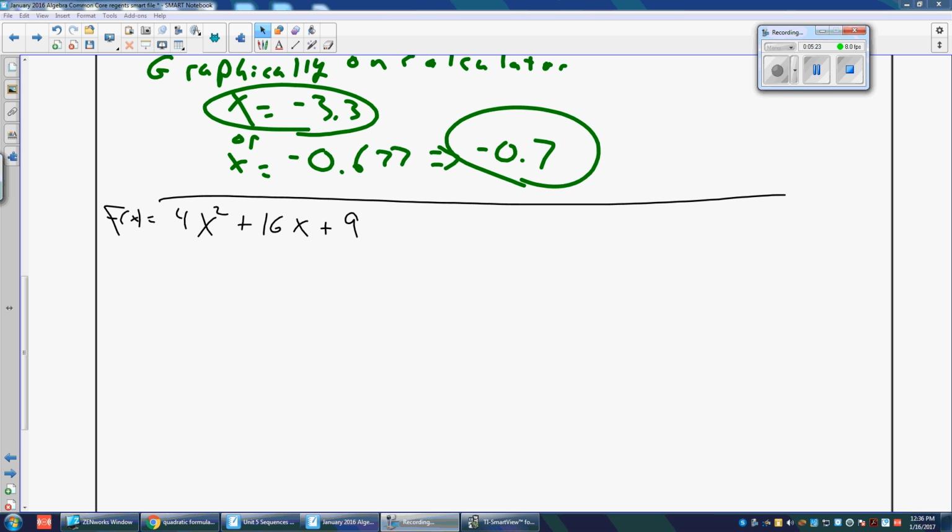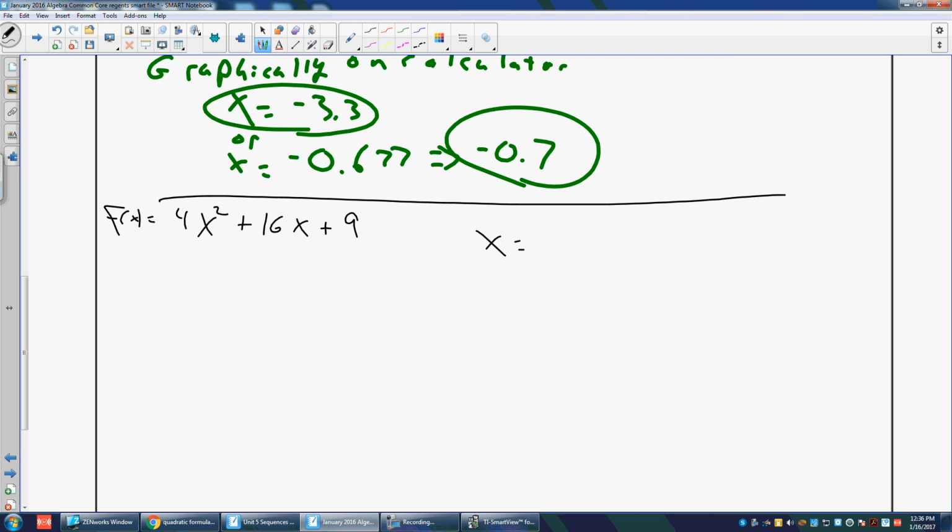Now let's try using the quadratic formula. X equals negative b plus or minus the square root of b squared minus 4ac, all over 2a. Like I said, that's in the reference table. We've been using a and b when we're completing the square and when we're putting it in vertex form. This is where c comes in with the quadratic formula.